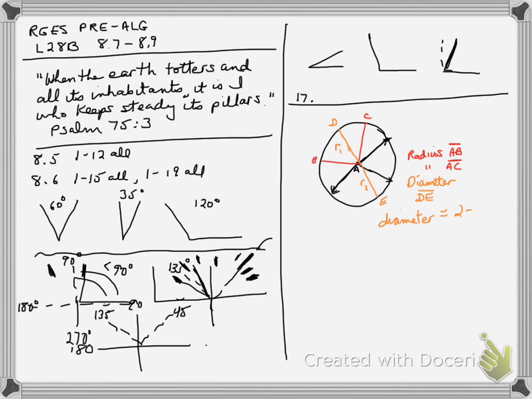And so that should be clear just from the diagram there. Okay, so radius is always 1/2 the diameter.